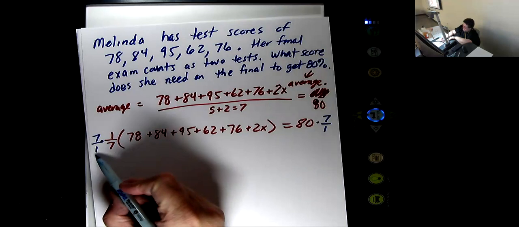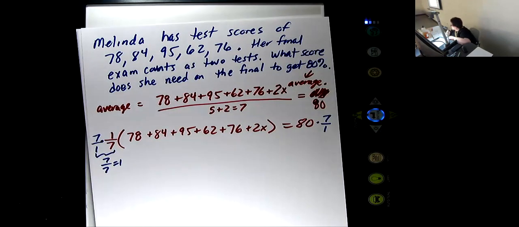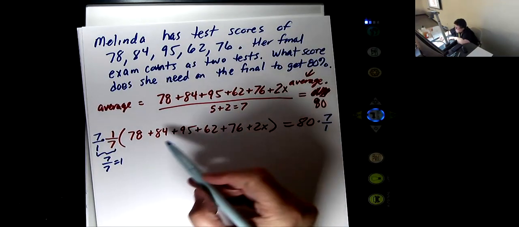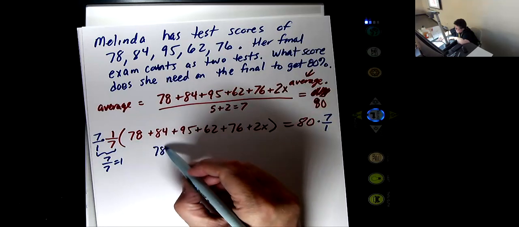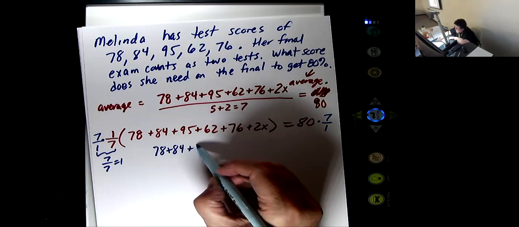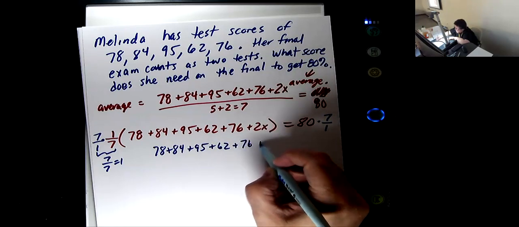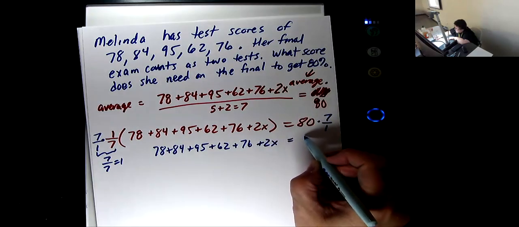Because the idea there is this becomes 7/7, which is just 1, and that cancels it out. So we're left with this 78 plus the 84 plus the 95 plus the 62 plus the 76 plus the 2x. 80 times 7 is 560.